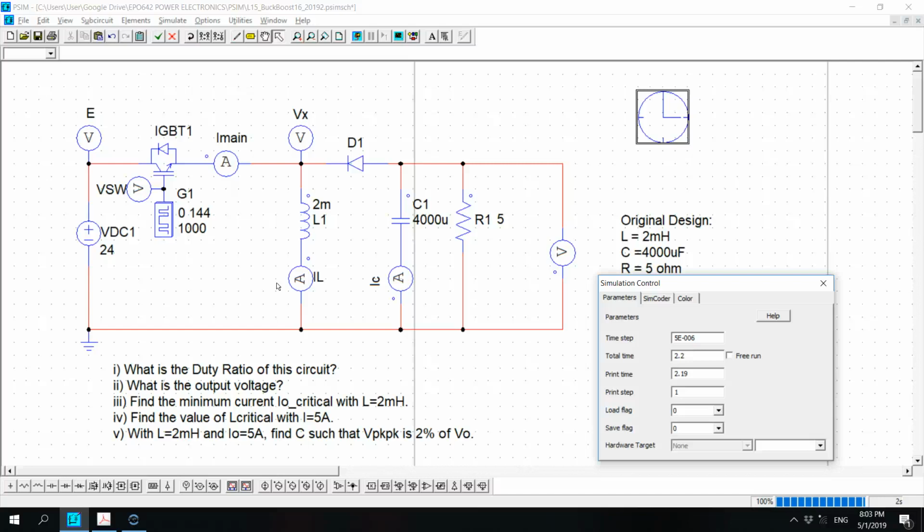Therefore, your output voltage is stable, the inductor current is symmetrical, and the output voltage is stable at the average value. So in this simulation, you can use 2 seconds, 2.2, and then print time 2.19, so that you can save the number of points. Remember, this is a demo version. You cannot save all data.